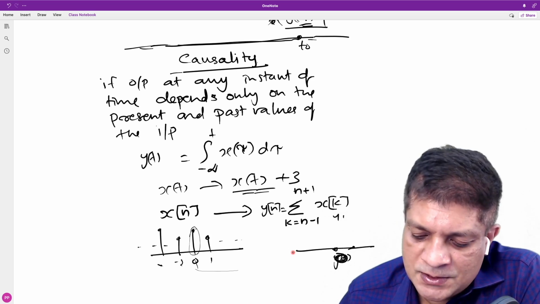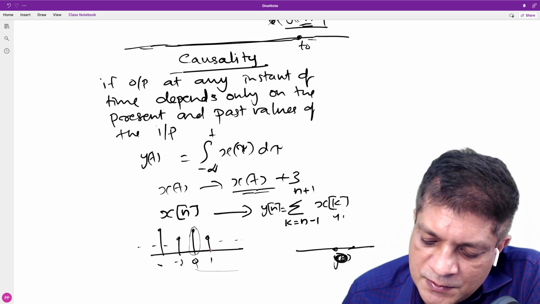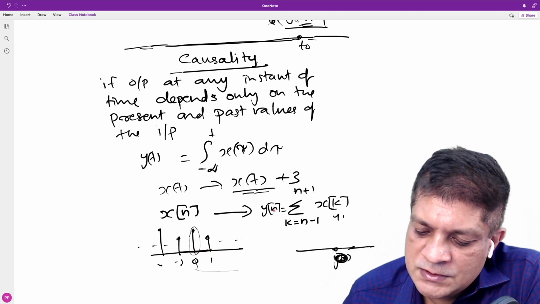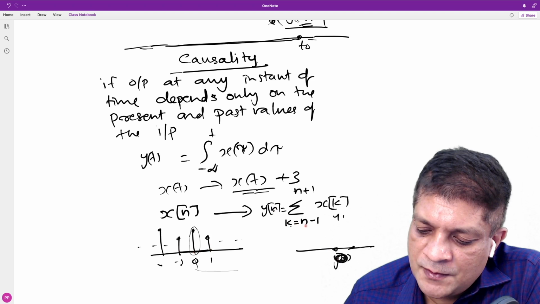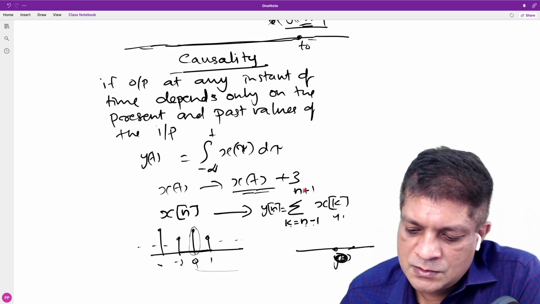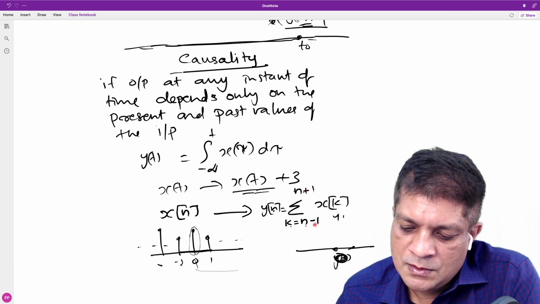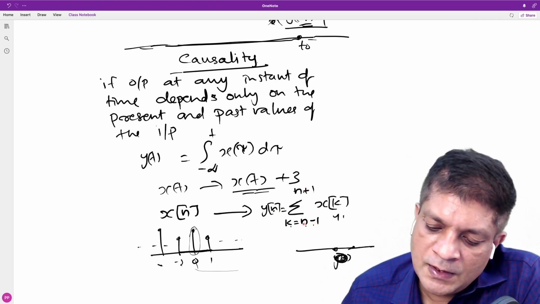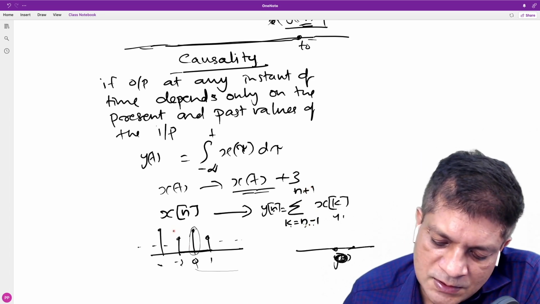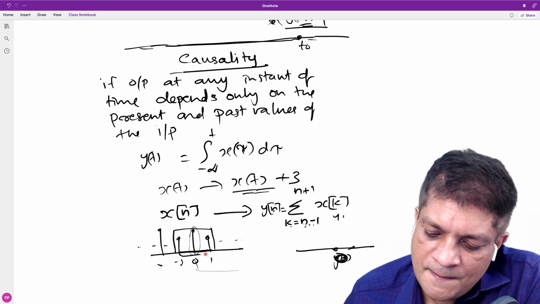No, tell me the operation. Is it the average of these three? When n is 0, it is the summation from -1 to 1. That means, is it the sum of these three?